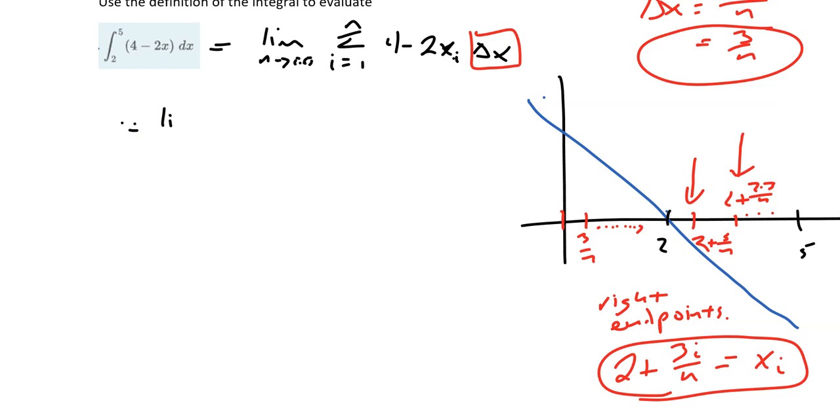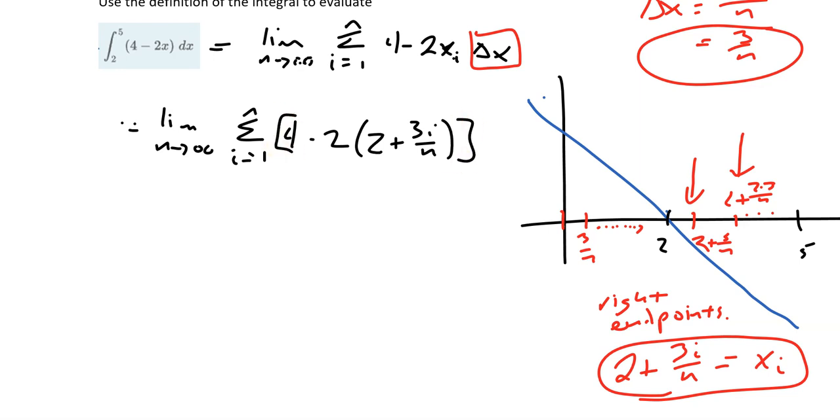So that's going to equal the limit as n approaches infinity, sum from i equals 1 to n, 4 minus 2 times 2 plus 3i over n times delta x. Okay. So that would just be 3 over n. Now I'm going to factor out the 3 over n.